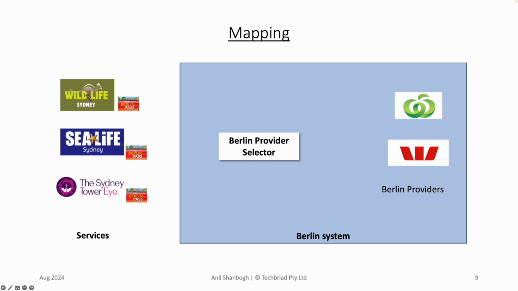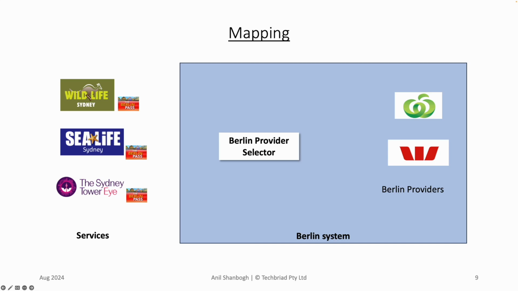Every time I use the Berlin Pass, I have to tell which Berlin Pass I'm using. That's the Berlin provider selector. So I'm using a Berlin Pass issued by Westpac, or by Woolworths, for example. Then I enter my Berlin Pass secret, and I'm inside the attraction. So this is the whole scenario that we've just cooked up.